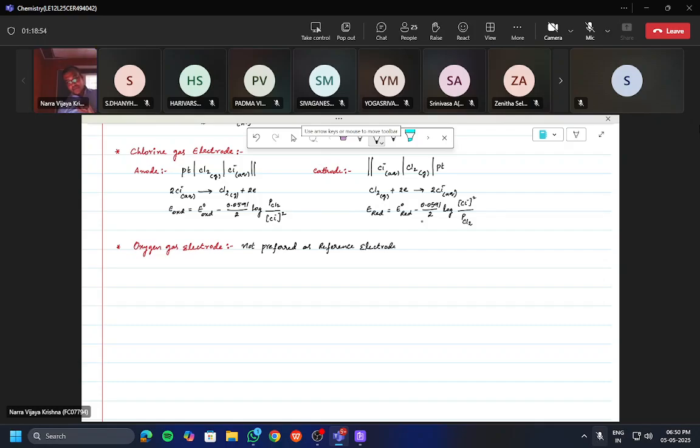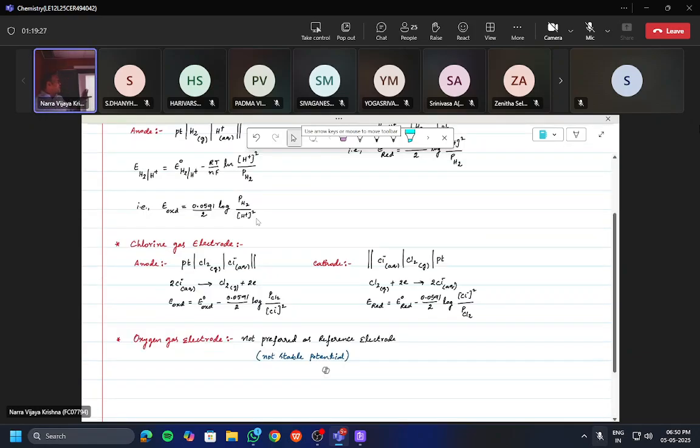Reason: it doesn't give a stable potential. You will not get a fixed value of voltage. You can use any other gas electrode as reference electrode, but not the oxygen gas electrode. Clear? Any questions further?